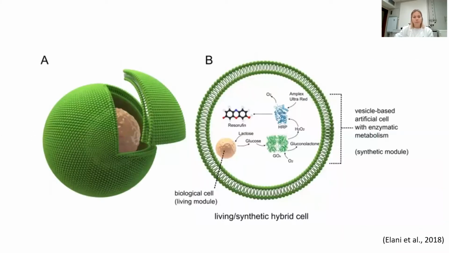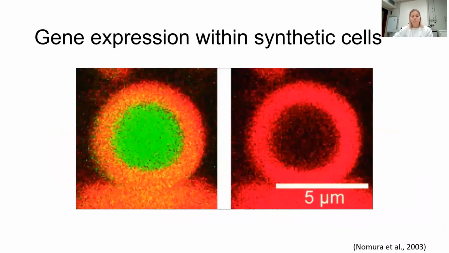For some background, for years now, scientists have been trying to create a completely artificial cell, and there have been successes in this field. This picture is from the first case of complete gene expression within synthetic cells. The cell on the left is green because it's expressing green fluorescent protein, GFP, and on the right was an empty carrier.